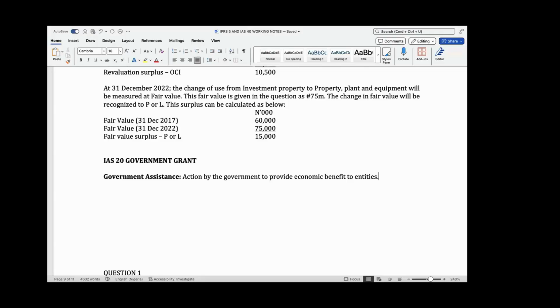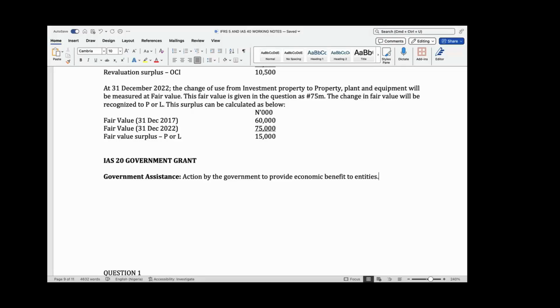And of course, there is a lot of government assistance available even in Nigeria, even though most of them are now being removed right now. Like the fuel subsidy we used to have before now.